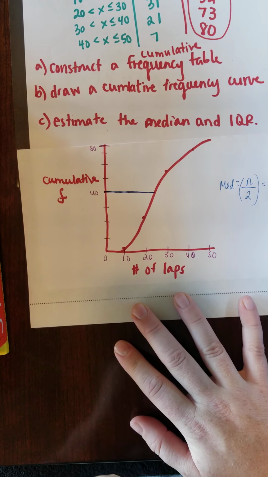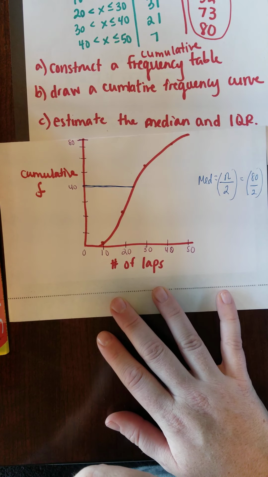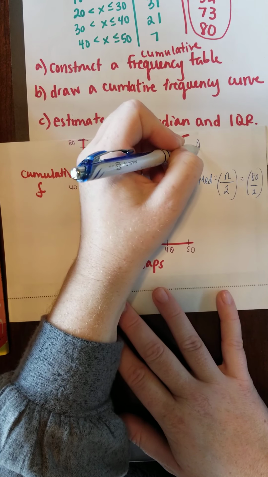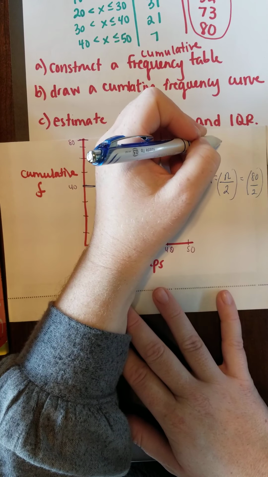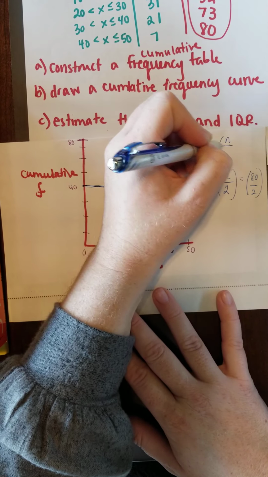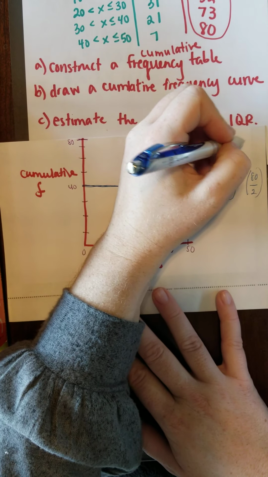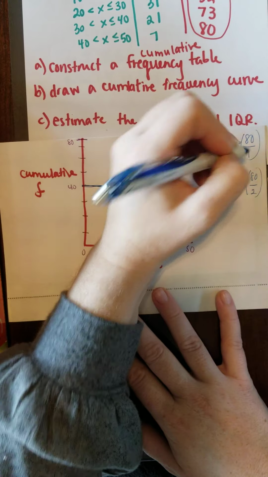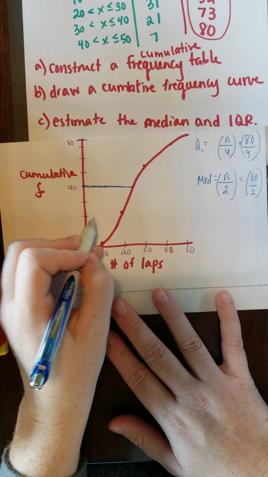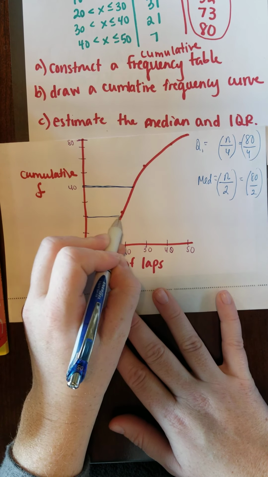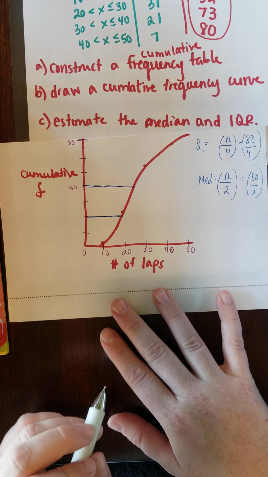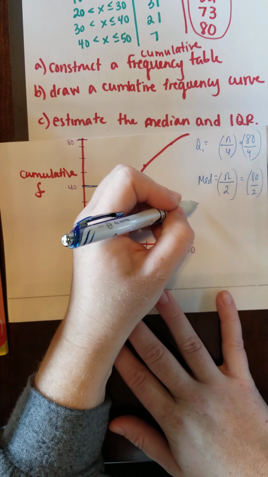That's going to be where the median is going to land. Okay, so then my Q1 would be 1/4 of the way through. So I'm going to divide it by 4. So 80 divided by 4 would be 20. So it's going to land roughly right here. It helps to have a ruler on this one.